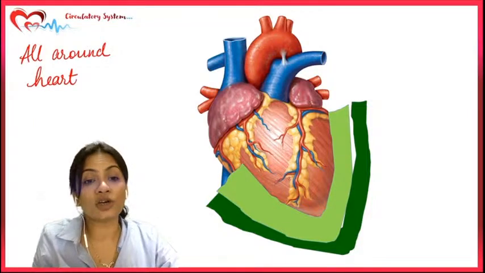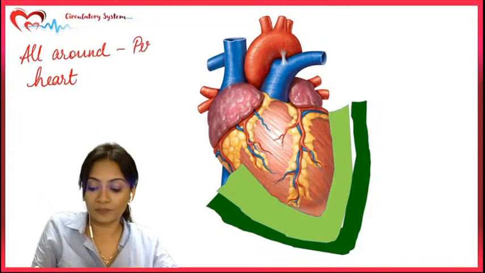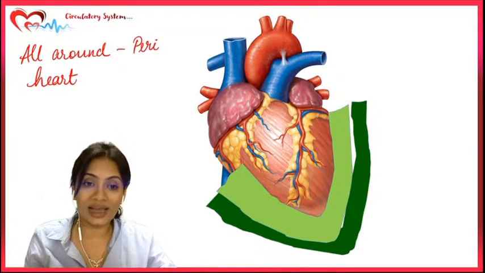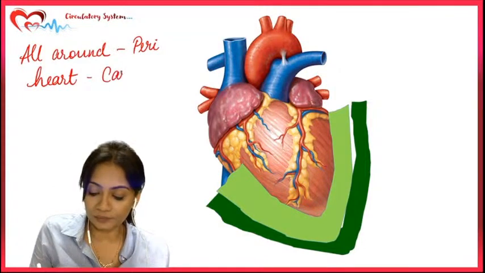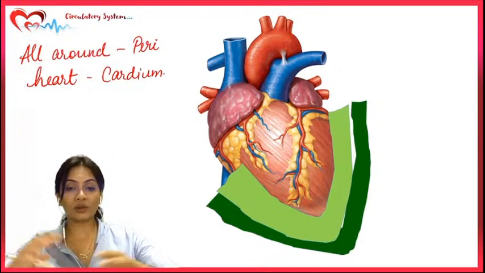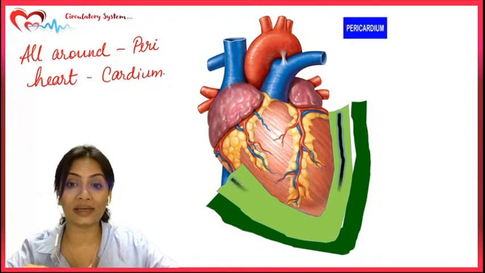So, for a structure which is all around, we can give it the name peri. Peri means all around, and because we're talking about the heart, you can use the word cardium. So, when I'm talking about a layer that is all around the heart, I will call it the pericardium.